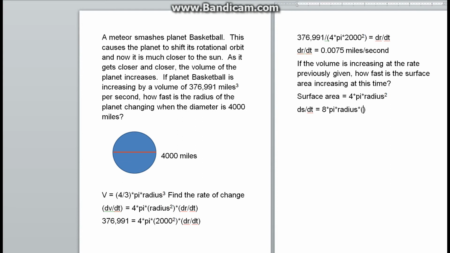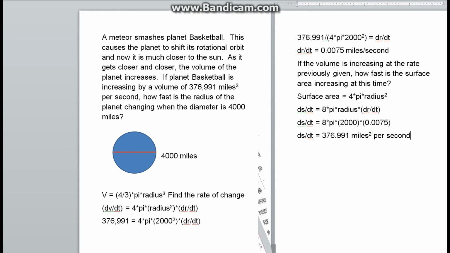So once we derive the surface area equation, which is 4 pi r squared, into 8 pi r times dr/dt is equal to dS over dt, or the change in surface area over time, we get to plug in for our variables. dS over dt would equal 8 pi multiplied by 2,000 multiplied by the rate of change of the radius over change in time, which is 0.0075. And that would equal 376.991 miles squared per second, which is the change in surface area over time.